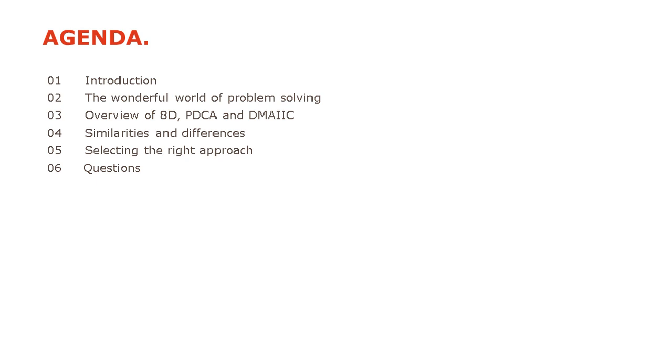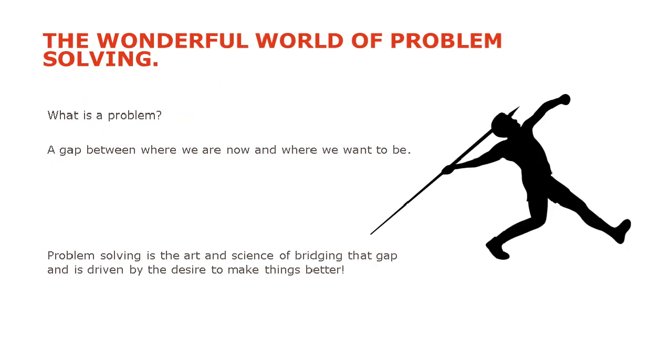We'll take a look at each of these different techniques of 8D, PDCA and DMAIC, talk a little bit about what the steps are for each of them and what's involved, what's similar and what's different, and then how do you pick the right approach and make it work in your organization. And as Dan said, we'll build in some time for questions at the end, but also if there are questions through the session that Dan will feed to me, I will do my best to answer those.